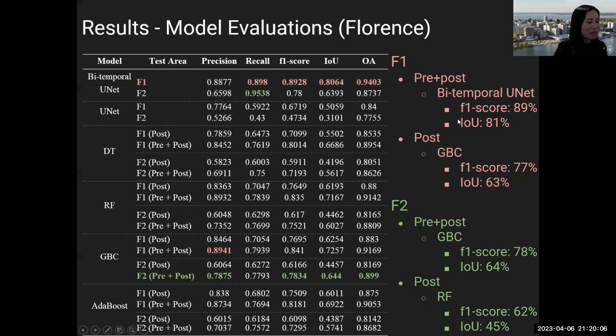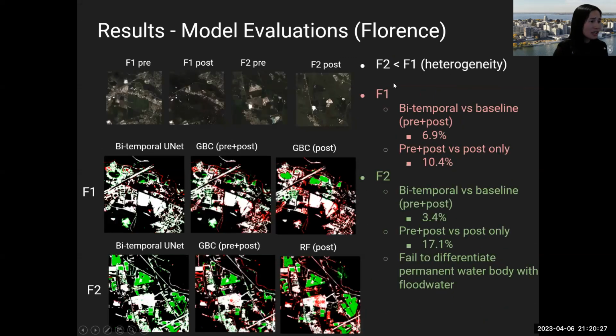Based on the performance evaluation, our proposed bitemporal UNet model, compared with the traditional UNet, decision tree, random forest, and gradient boosting classifier, achieved relatively high performance across different evaluation metrics. And here is another interesting result.